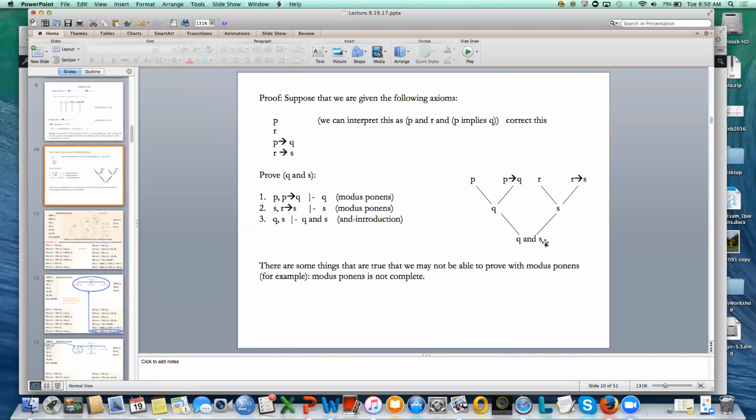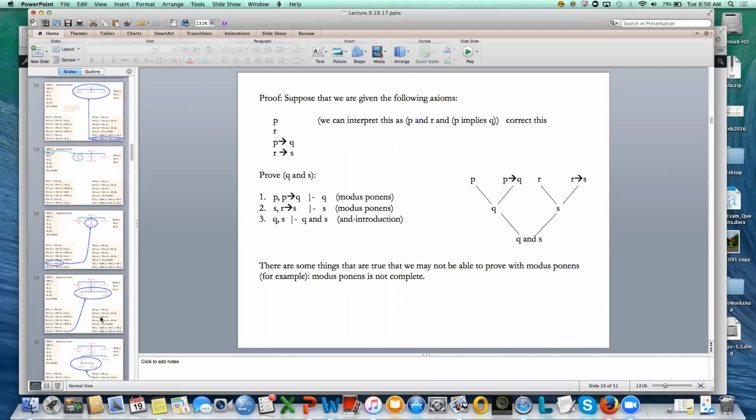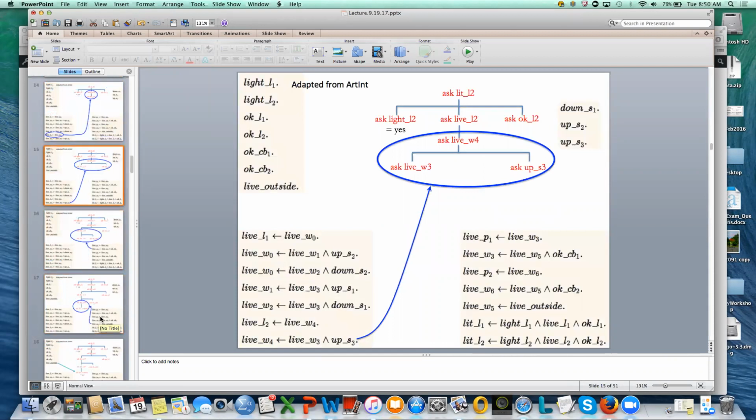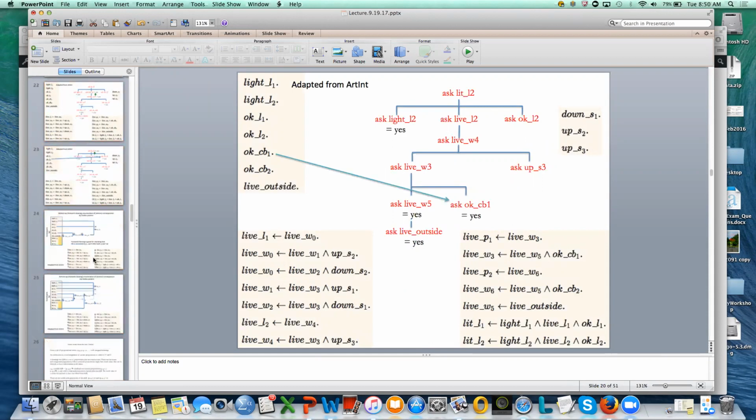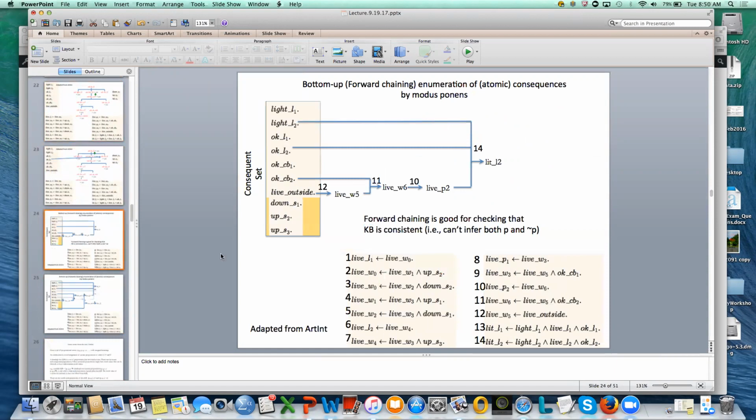And so forward search in particular, as described in the text, is limited relative to what we may want to do more generally, and that's why we're going to go a bit beyond the text today.